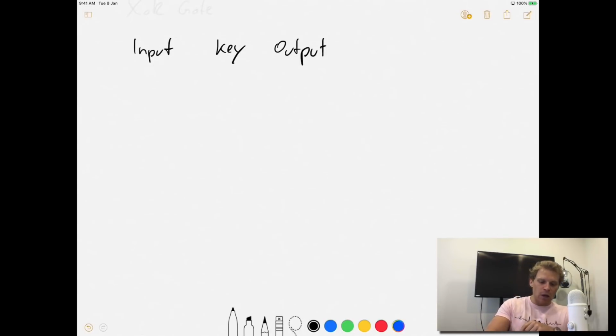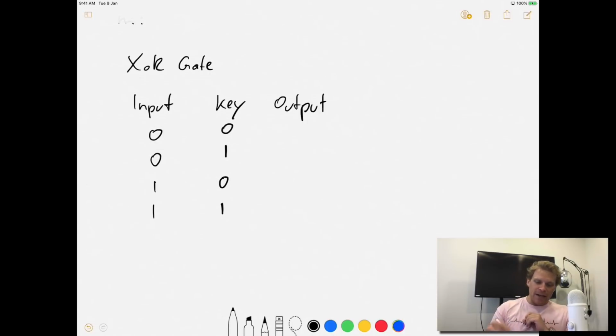So in inputs, we have 4 different types. We have basically different kind of options as inputs. So the input can be 0. The reason I do 2 zeros is because the key can be a 0 or a 1, or a 0 and a 1. And now here's where it gets very interesting.